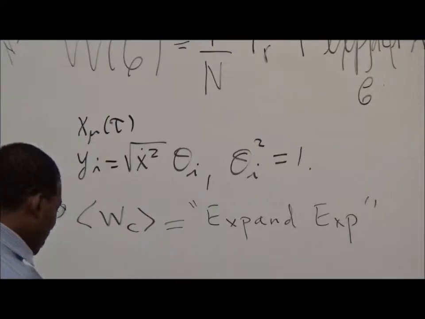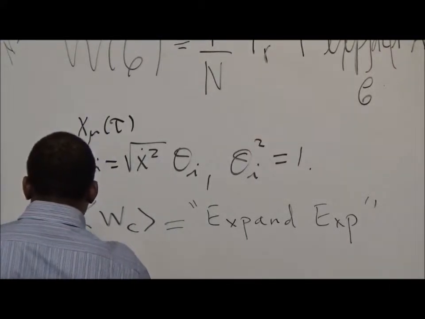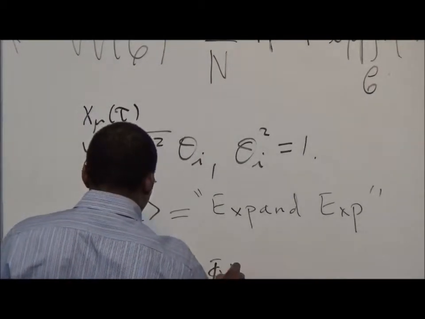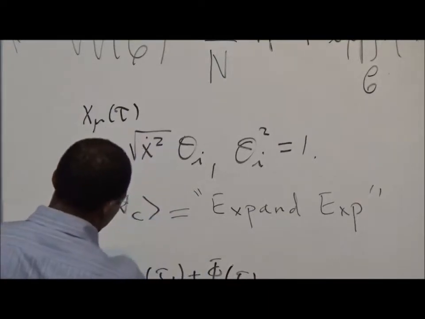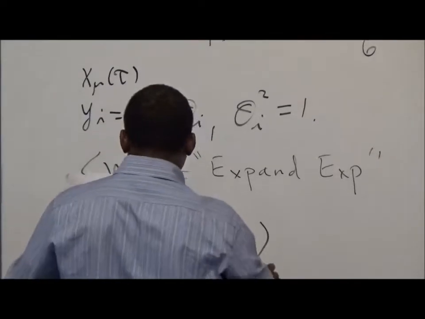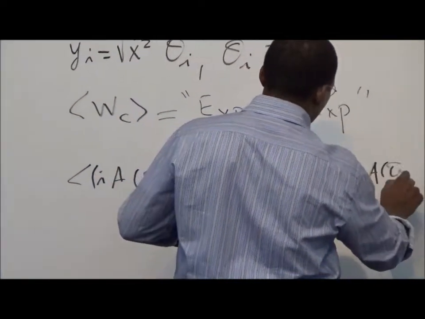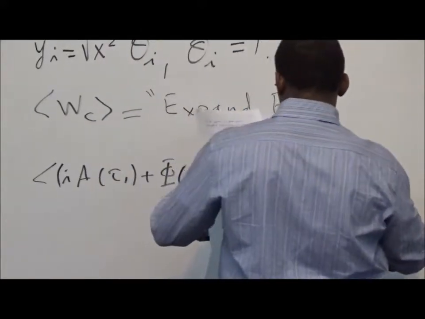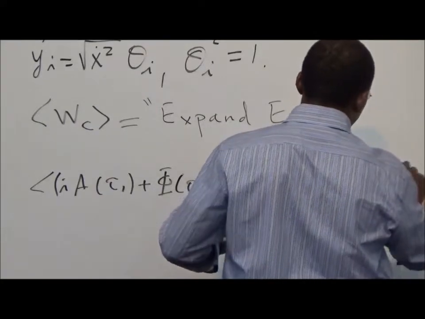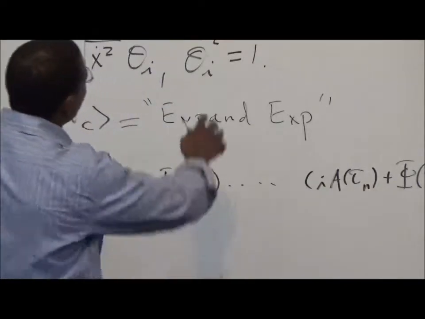Expanding the exponential means that at the end of the day, I will end up computing correlators of this type. This is path ordered, so I'm going to have a piece like this, and then many other pieces, A tau 1 up to tau n. The first term, of course, is just 1.